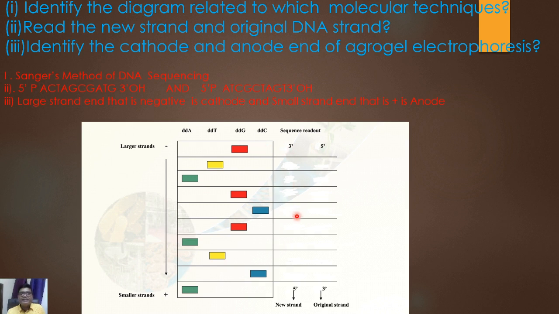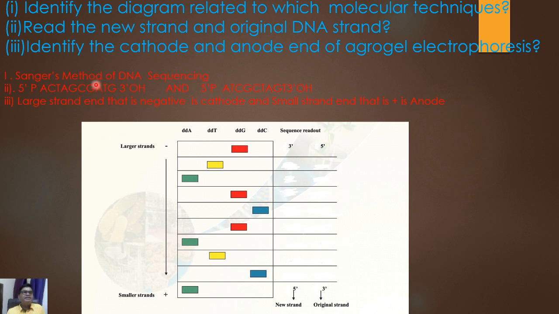So you get this sequence, you read from this direction upward, and we get the original template DNA, which is the complement of that one, and this is the original template DNA we have used for sequencing.